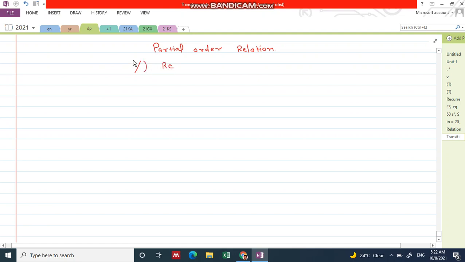This symbol is called divisibility. And the second is the relation of subset.